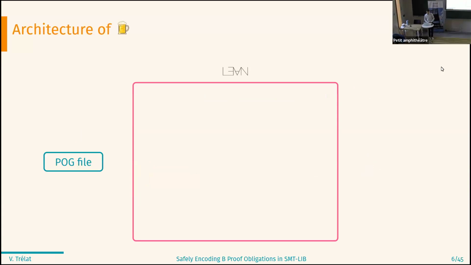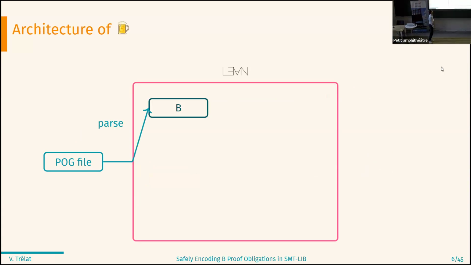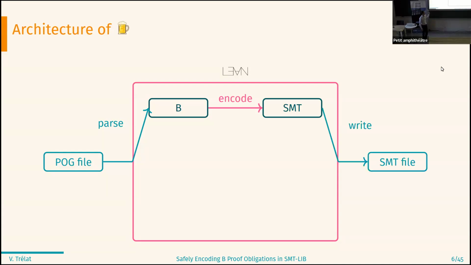Its architecture is as follows. As I said, I'm taking a POG file as input. Then I parse it into a Lean representation of the B language. Then I encode it into SMT-LIB, which is actually the big part. And then I can write it out into an SMT-LIB file.